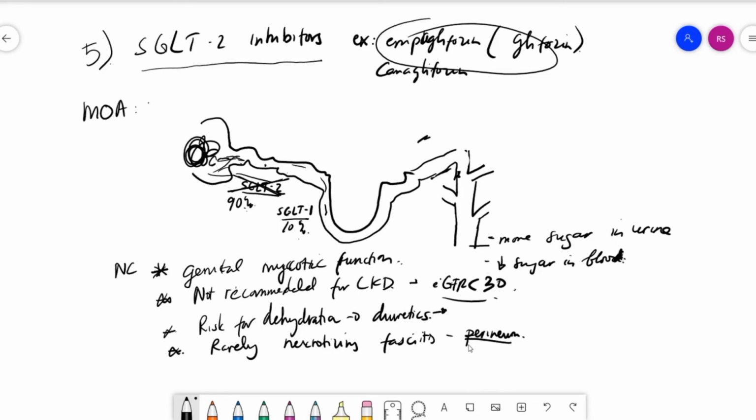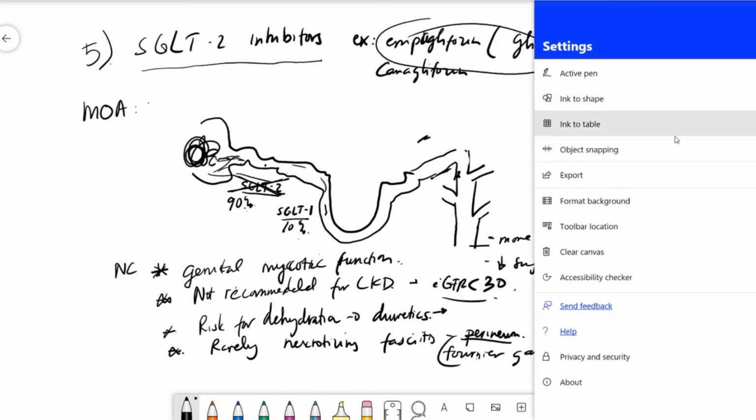Teach your patient that if, for example, they have some kind of redness or pain in that area after taking this drug, there's a possibility they have necrotizing fasciitis of the perineum, also called Fournier gangrene. So that's the SGLT2 inhibitors.